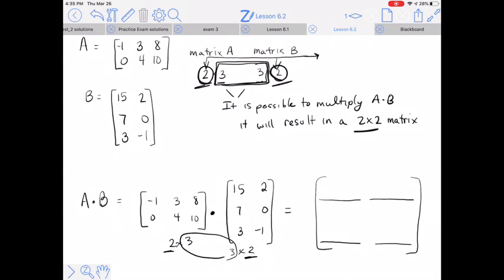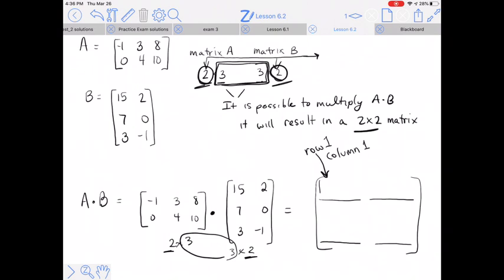But like Gaussian elimination, there's a few steps, and you've just got to be very slow and careful so that you don't rush through it and make simple mistakes. So this entry, for example, right here is row 1, column 1.